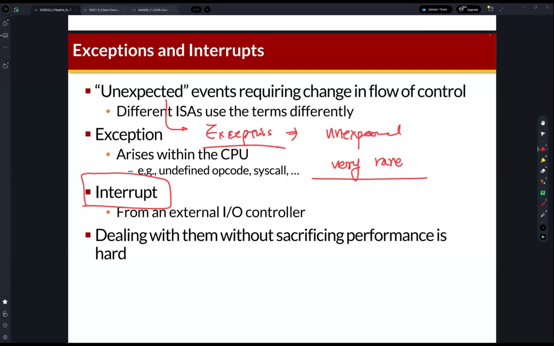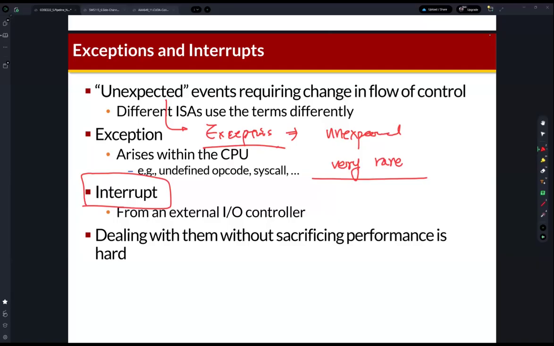When we use a computer, we use I/O devices like keyboard and mice, and our computers are also connected via network devices, right? But the events from keyboard or mice are very rare events. We think we can type on the keyboard very quickly, but for the processor it's very, very slow.